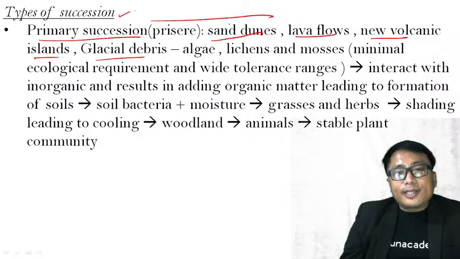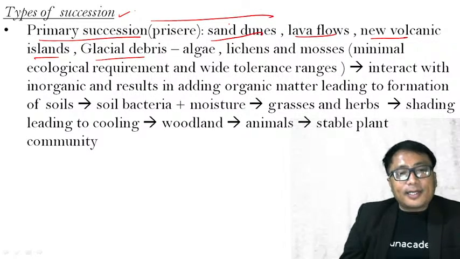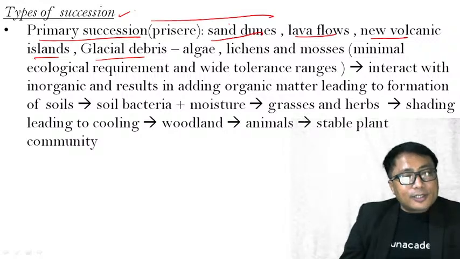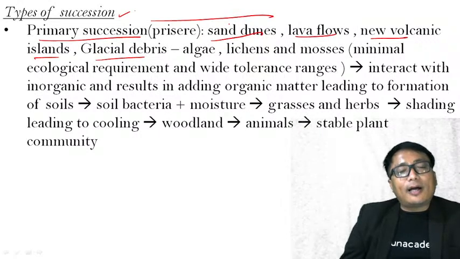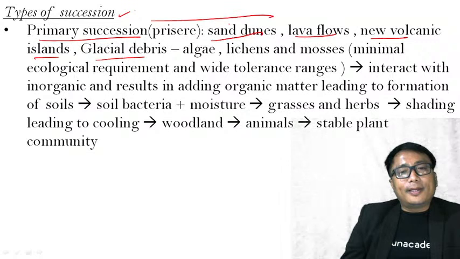Because their ecological requirements are the minimum, which means their abiotic requirements. Under the structure of ecosystem, we have already seen biotic and abiotic components. Therefore, in abiotic components, in a way, their surroundings, that is the temperature, the climatic conditions, or the soil type. Therefore, these algae, lichens, and mosses will come in the form of pioneering species.